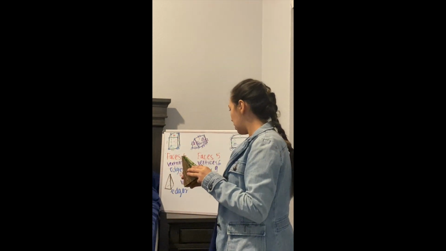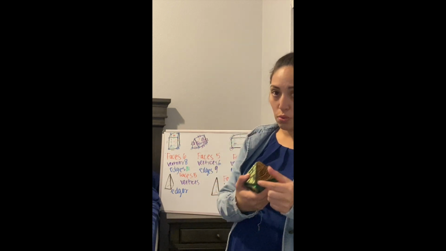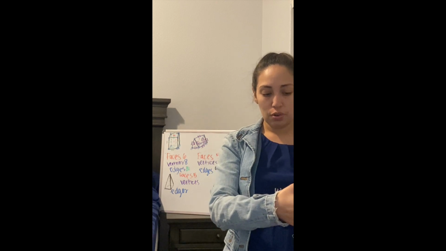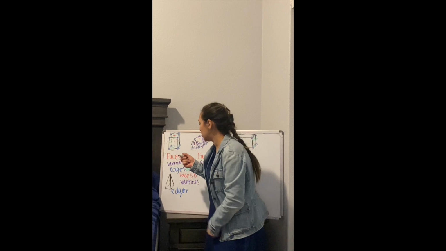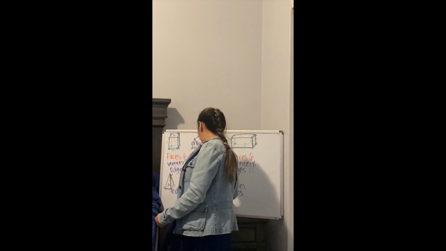Okay, so faces. Let's do vertices, okay? Where the 3 points or more come together. So 1, 2, 3, 4, 5. Let's do it on here also so we can see. 1, 2, 3, 4, and then 5. So 5 vertices. And now our edges.